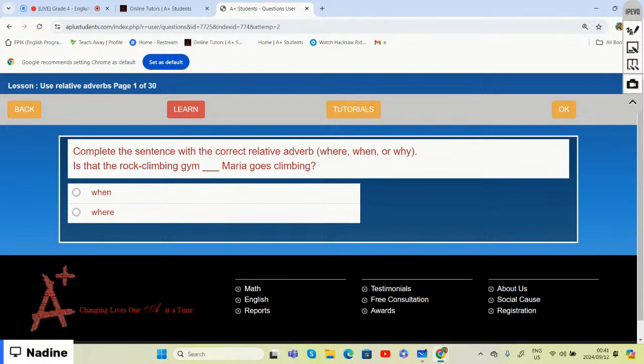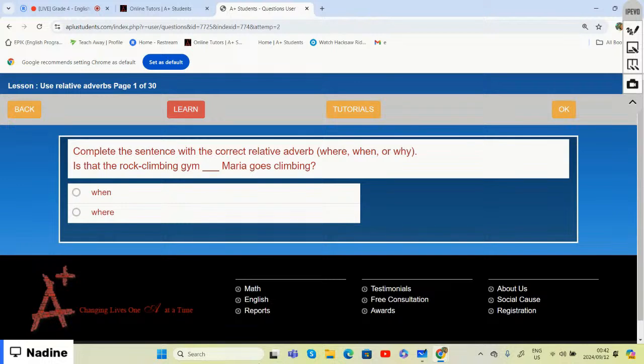So do we say, is that the rock climbing gym when Maria goes climbing? Or do we say where Maria goes climbing? Option one, is it when?